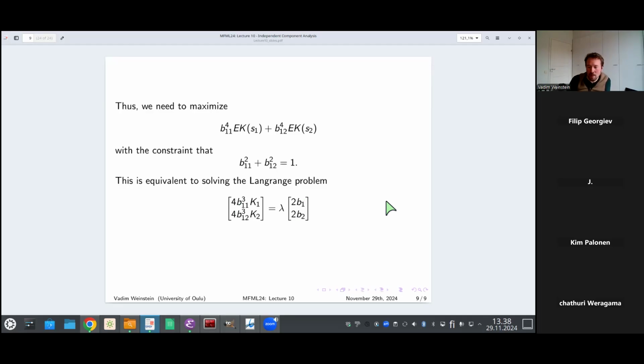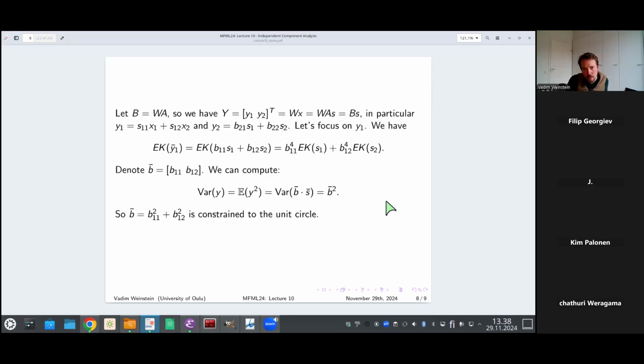Okay, so what does it mean that they're 1 and 0? Let's go back and see. They're 1 and 0 means that only one of these components is left in y. And y is exactly what we get when we multiply x by w.